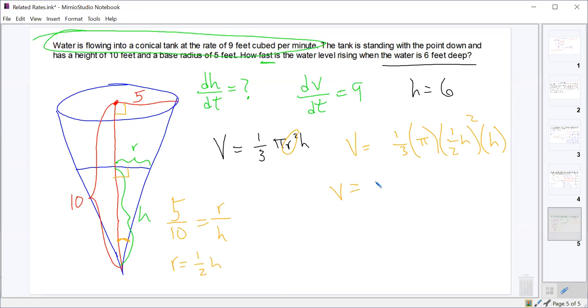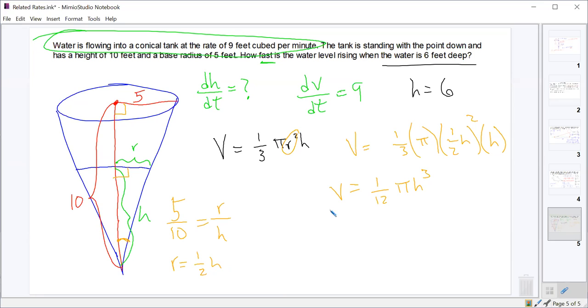So volume should be 1/12 pi h cubed for this particular cone. Good or no? Questions? Everyone all right? Good.